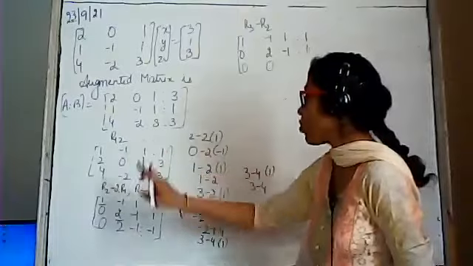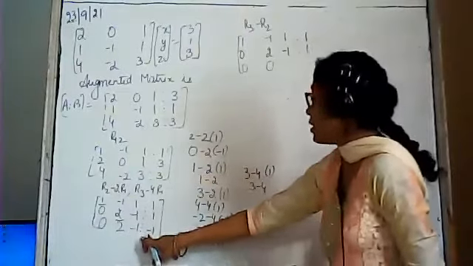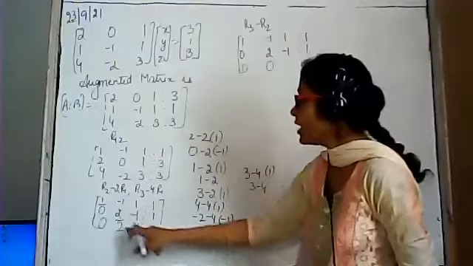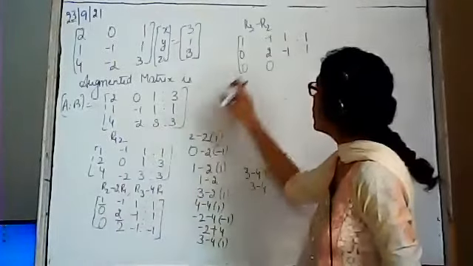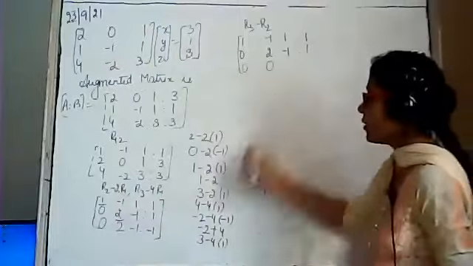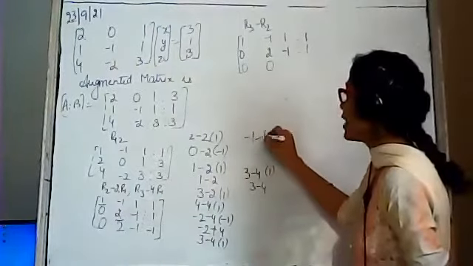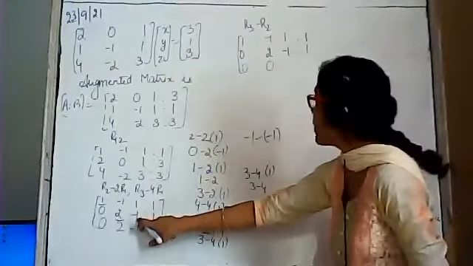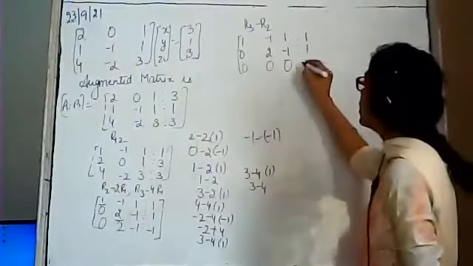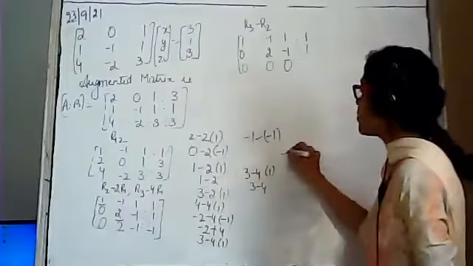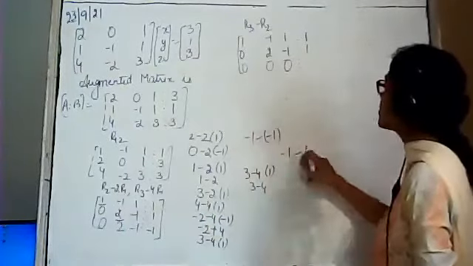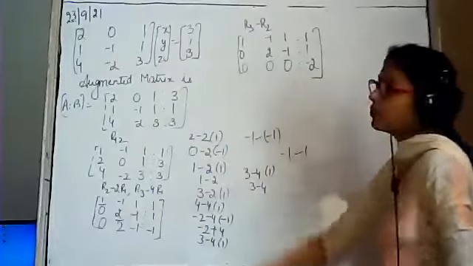So 3 minus 4 times R1, it will be minus 1. Now we are applying R3 minus R2. So R3 minus R2 means 0 minus 0 is 0. 2 minus 2 is again 0. Now we are having minus 1 minus of minus 1. R3 minus R2, it will be minus 1 plus 1. This will be again equal to 0. After that, the element of R3 is minus 1, minus R2, the element of R2 is 1. Minus 1 minus 1 will be minus 2.